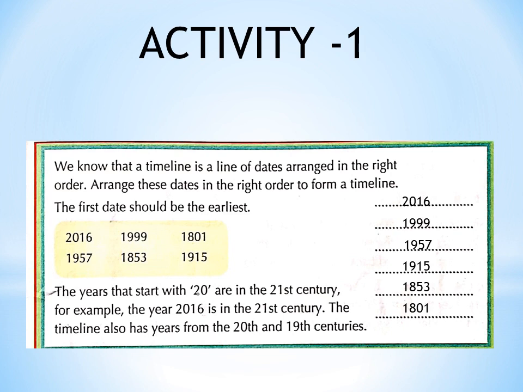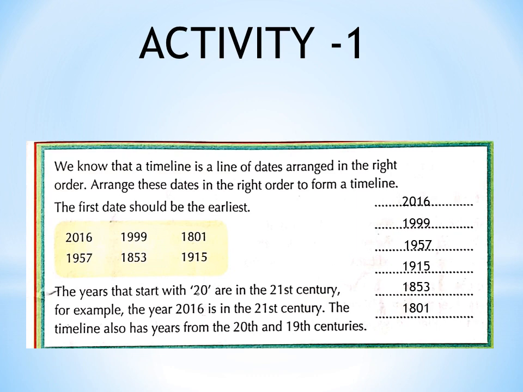Which will be the 20th century? 1999, 1957 and 1915. These three will be the 20th century. And the leftover two, that is 1853 and 1801, these two will be the 19th century. I hope all of you have finished this one.